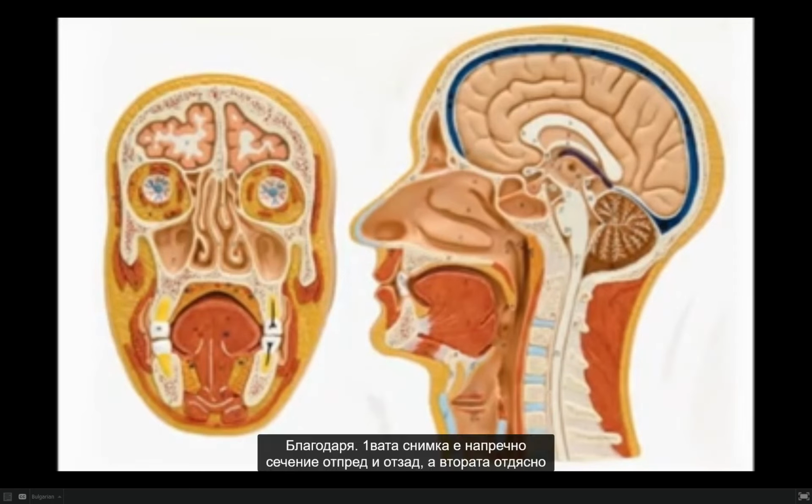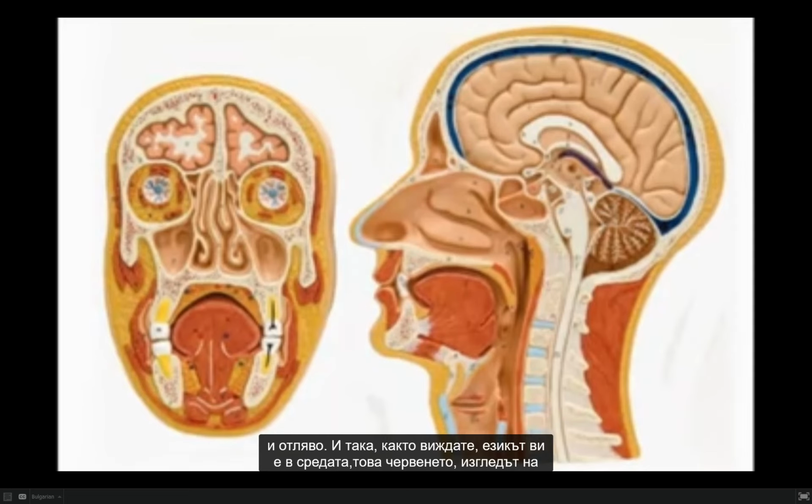Thank you. So the next slide is a cross section, front to back in the first one, and the second one is a cross section right to left. As you see, your tongue is in the middle, the red one, muscle view, and on top of your tongue there is one small red spot, the uvula.